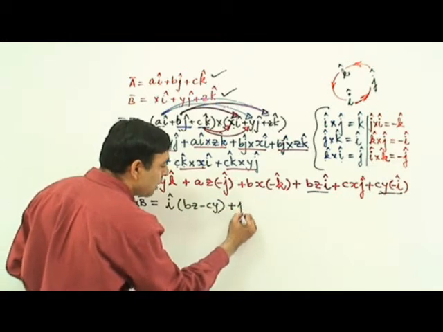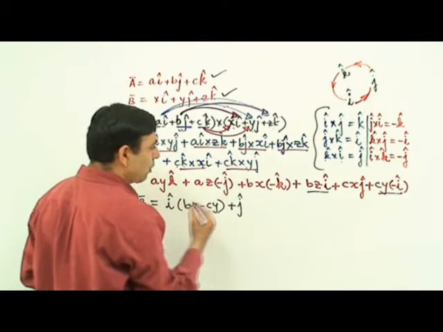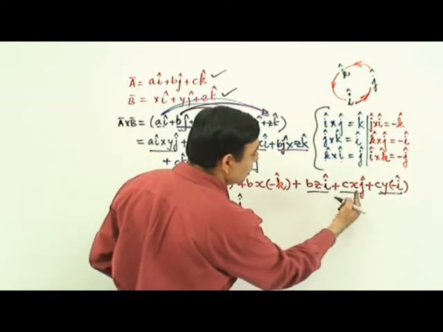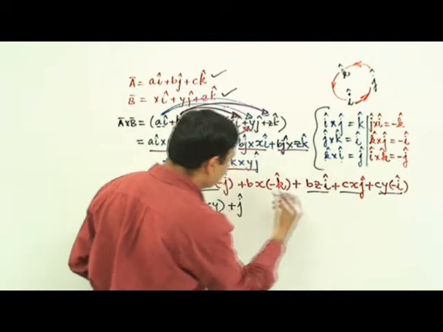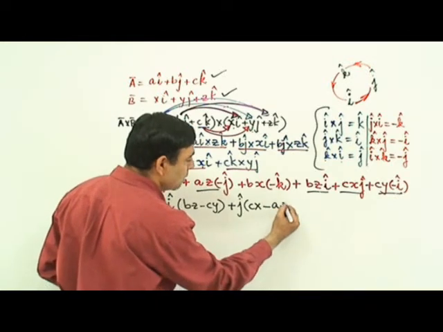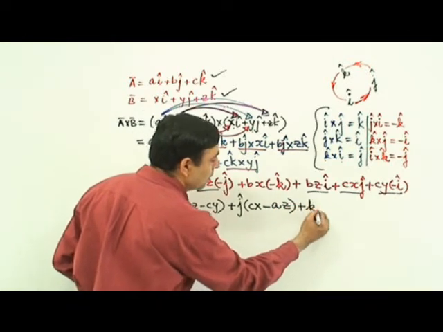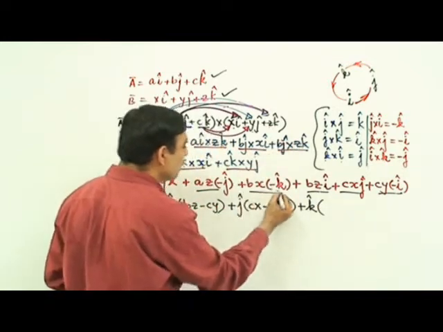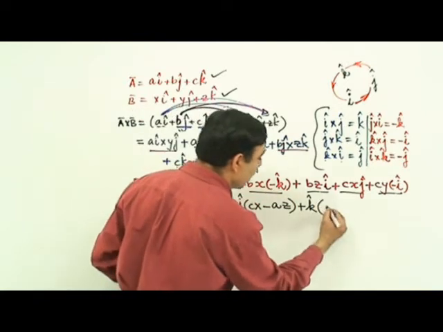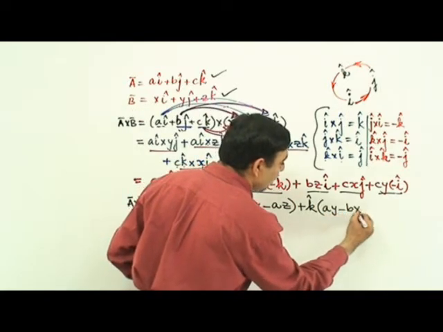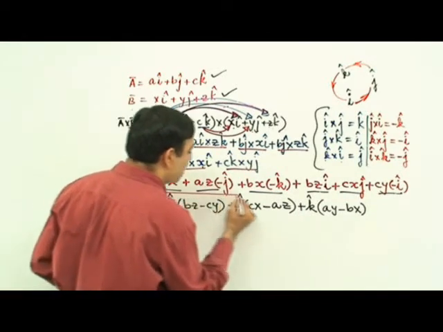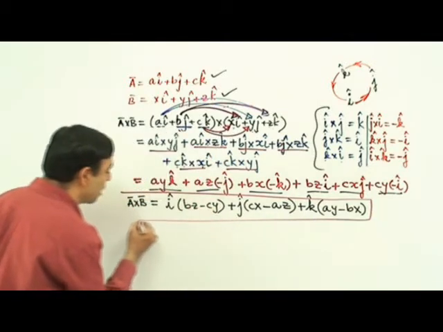Then plus j common, cx is left out here and minus az. Then plus k term, ay minus bx. So this is the cross product of a and b, or the vector a cross b.